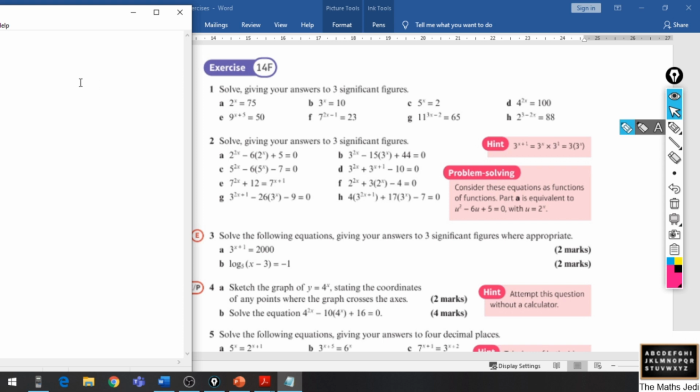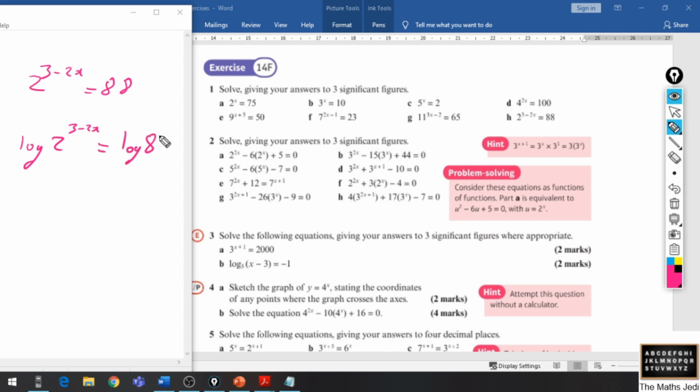So we don't need to do any substitution for that. We just need to solve it. So let's have a look and see how we would do that. 2 to the power of 3 minus 2x equals 88. I'm going to take logs on both sides. We're going to use the rules of logarithms to bring down this power.